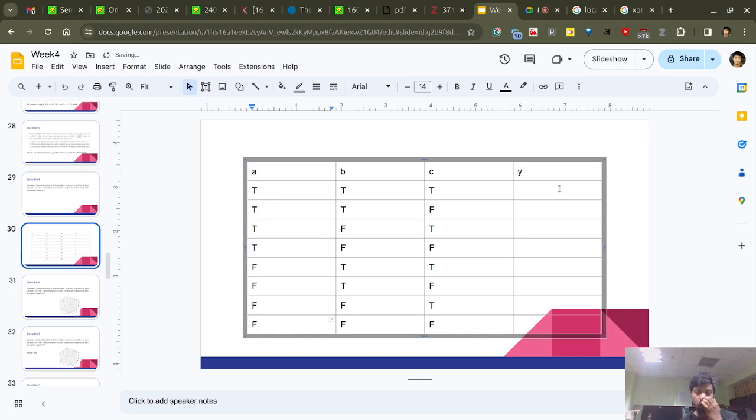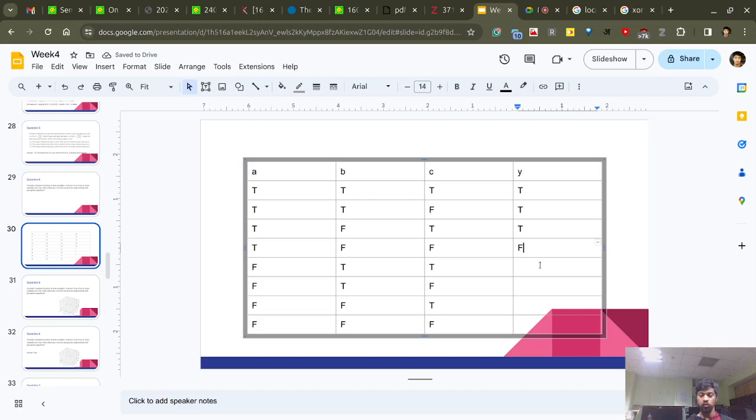So what would be the output here? All three are true, so it will be true. Two of them are true, so it will also be true. Again here two of them are true, so it will be true. Only one of them is true, so it is false. Two of them are true.